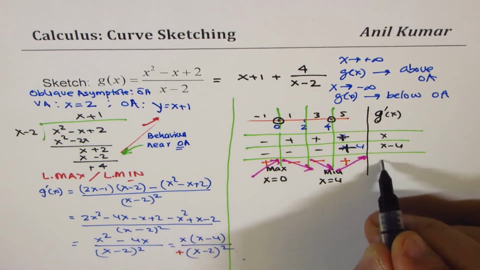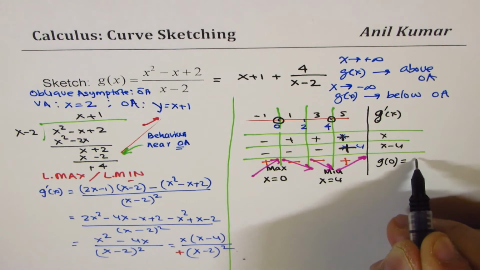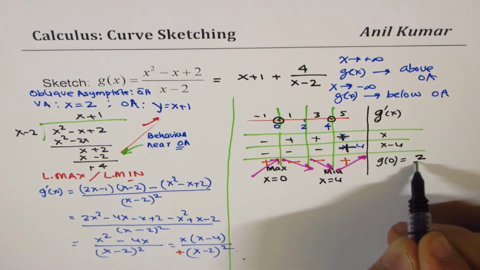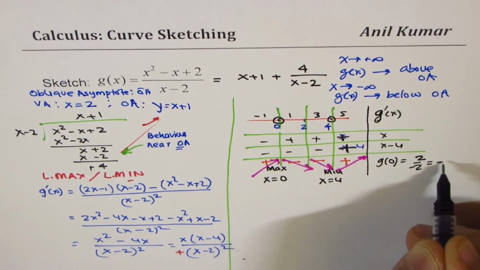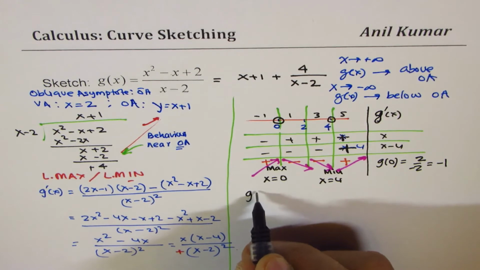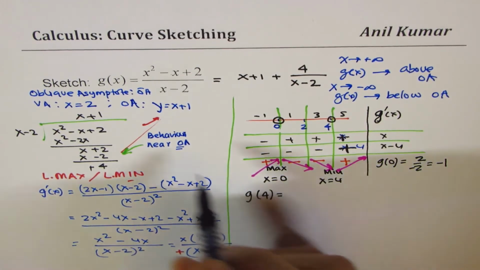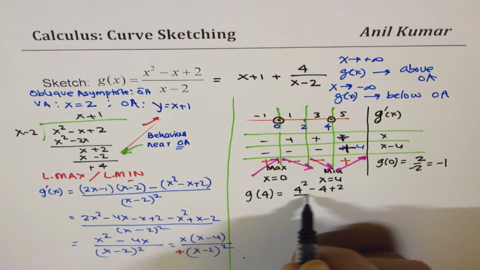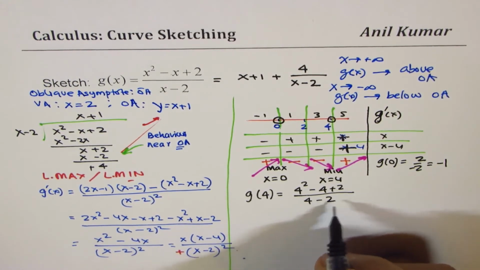So at 0, g of 0 is equals to, if I substitute 0 here, I get 2 over -2, which is -1. And if I substitute 4, then g of 4 will be equals to 4 square minus 4 plus 2 over 4 minus 2, correct?